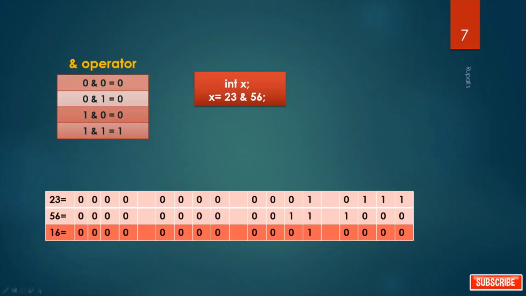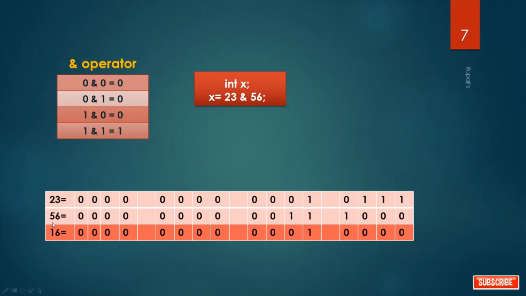Now take one example. AND operator. If either one bit is 0, then the result is 0, otherwise 1. So if I want to get the value of 23 & 56 and get the value of x, then how can we get this? First represent the number 23 in 32-bit binary representation. So we get this result.